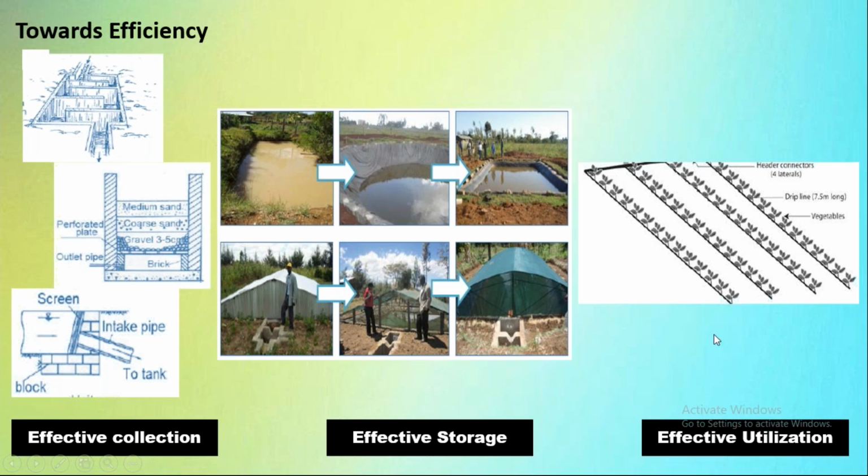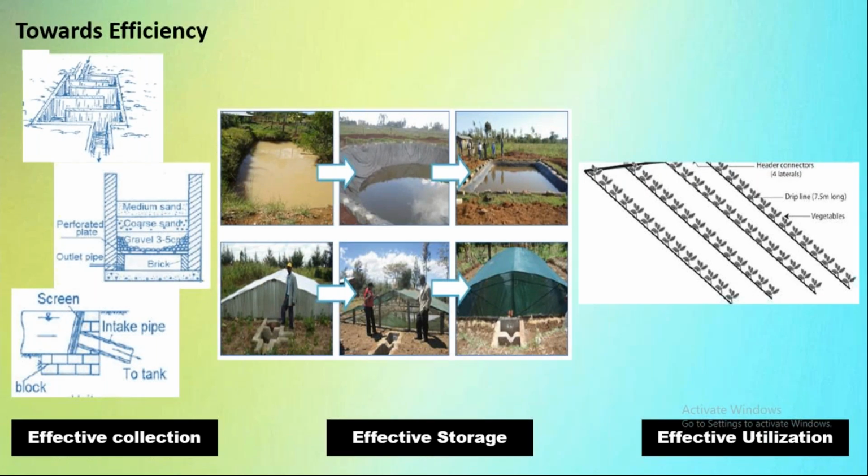Now effective utilization. We cannot go with flooded irrigation or sprinkler irrigation when we are using harvested rainwater, because the harvested water itself is very little, given our cost and area limitations. We have very little water, so we cannot go with open flooding.